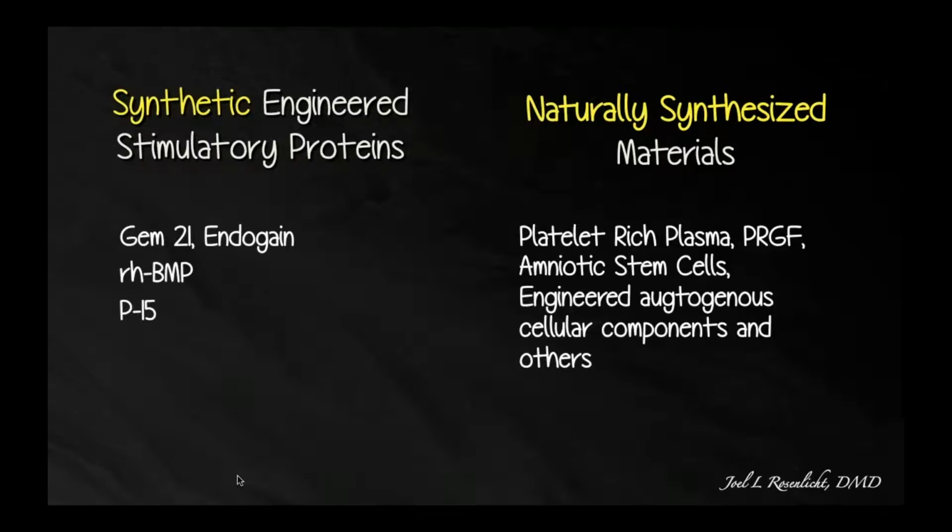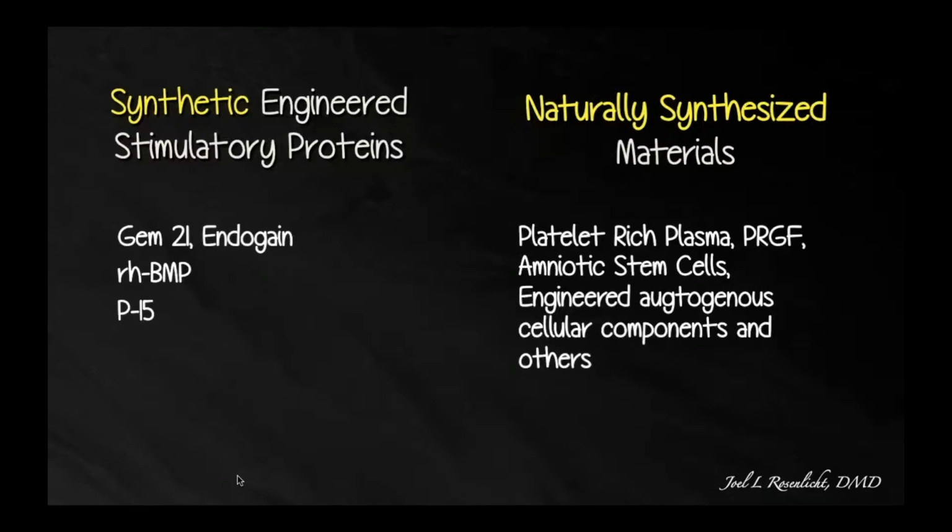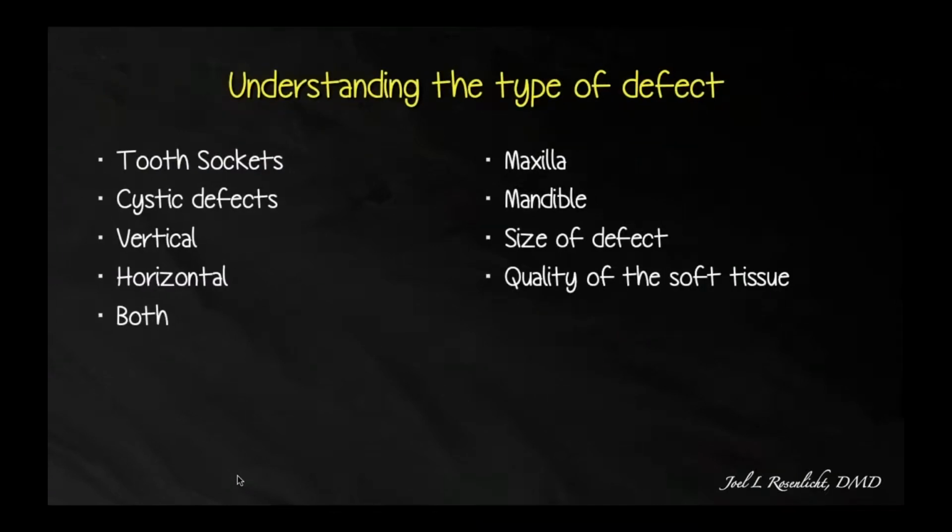So these are things that we need to think about when we have patients who might be compromised, who have previously failed grafts, and we need to have something to help them heal better in the future.